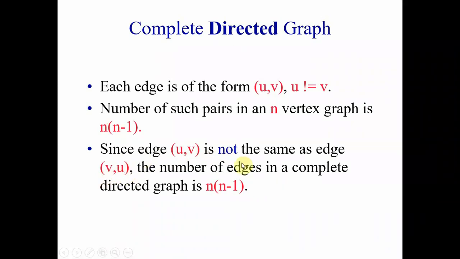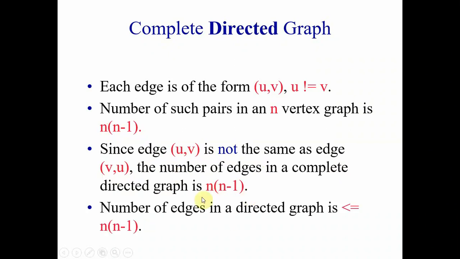So the number of edges in a complete directed graph is still n times n minus 1. So that is the concept of the completeness of the graph.